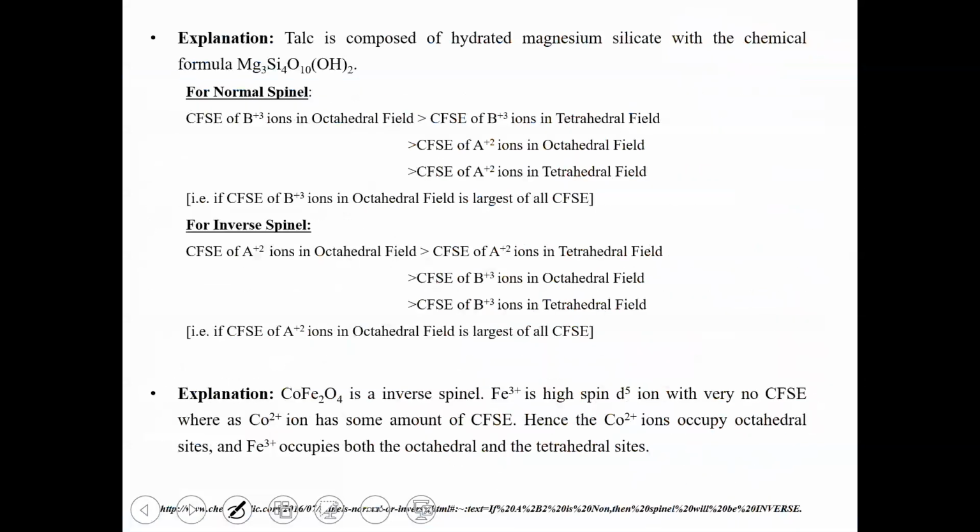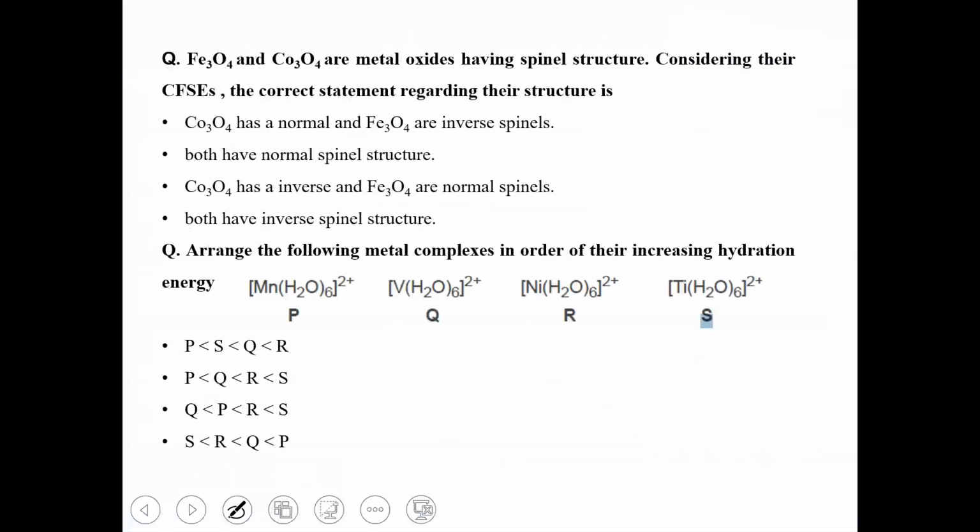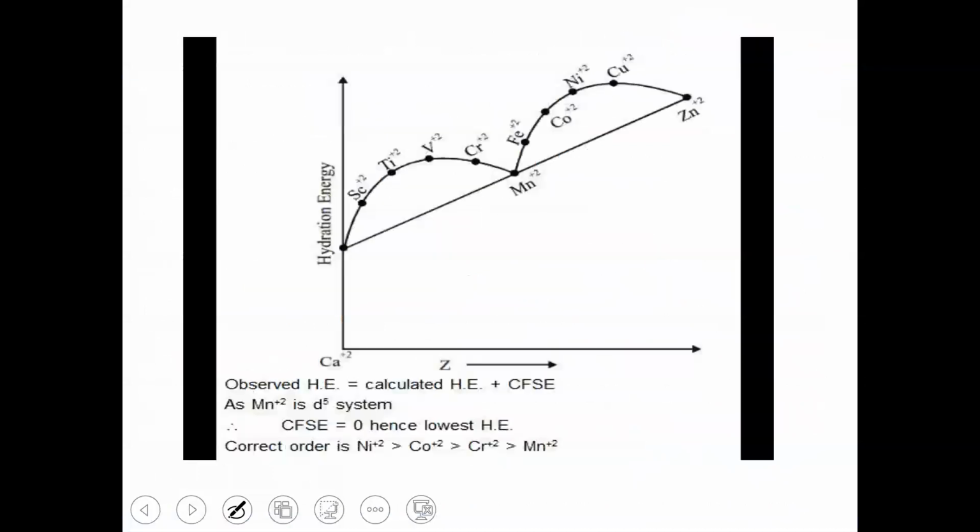Okay, so I will show you the trend, this one. Using this diagram, you can get an elementary idea about the hydration energy of these bivalent cations, which will have the lowest one, right?